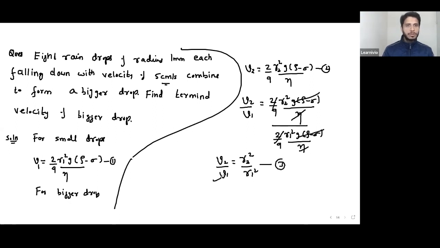So you have V1, you have R1, you just need R2. So how will you calculate R2 from R1? You can equate the volumes, because 8 small drops combine to form the bigger drop. So you can write that 8 into the volume of a small drop is equal to the volume of the bigger drop.